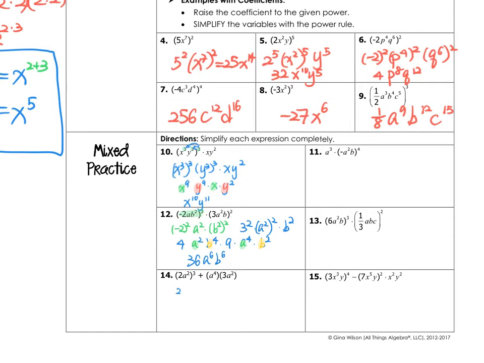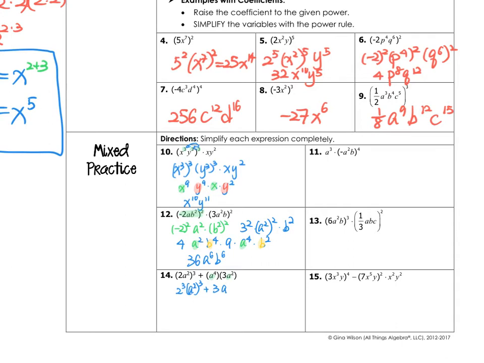2a squared and then cubed. So it becomes 2 cubed, a squared cubed. Plus here I have a raised to the 4th times 3 times a squared. So it's the same base. I leave the coefficient alone.